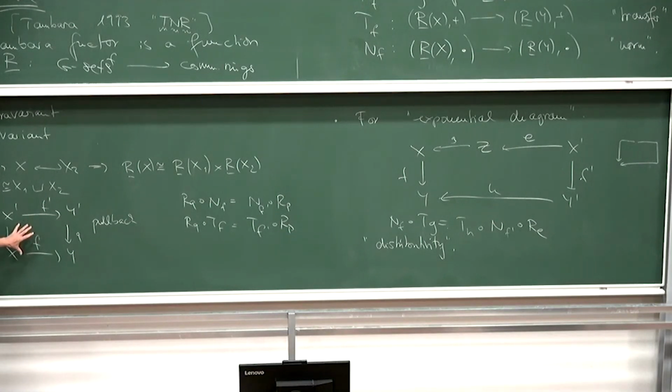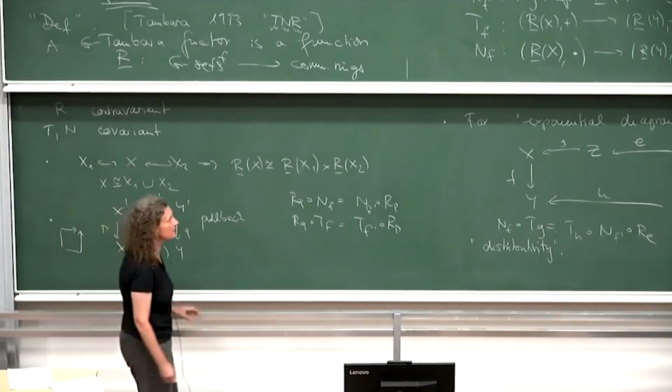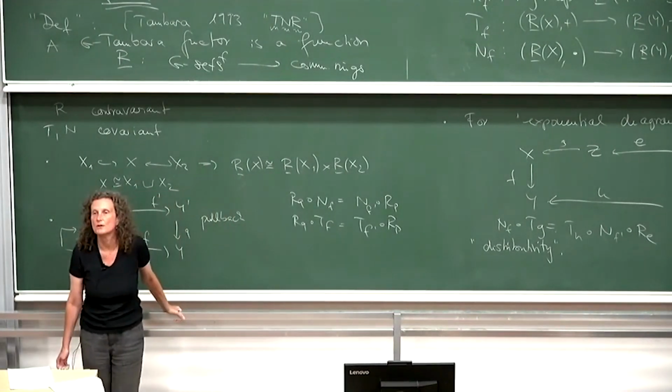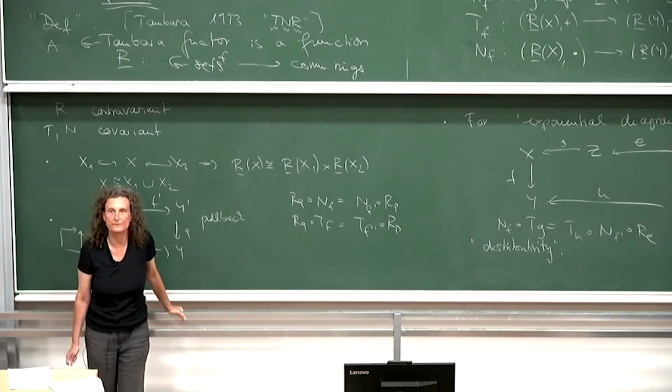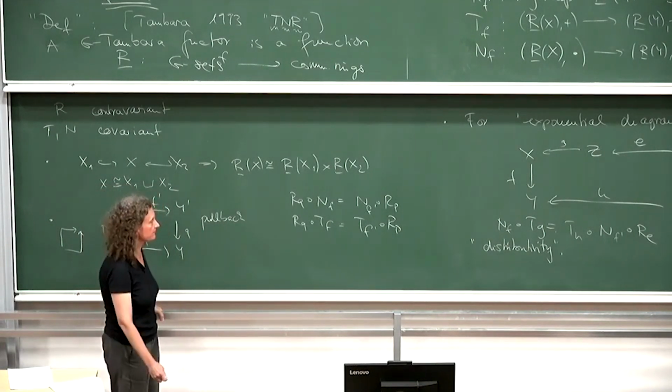This diagram here corresponds, if you know what a Mackey functor is, to the double coset formula. And there you don't have this extra condition, but you have the splitting for direct sums. So there are things like this. So you get a forgetful functor from G-Tambara functors down to G-Mackey functors, just by forgetting stuff.